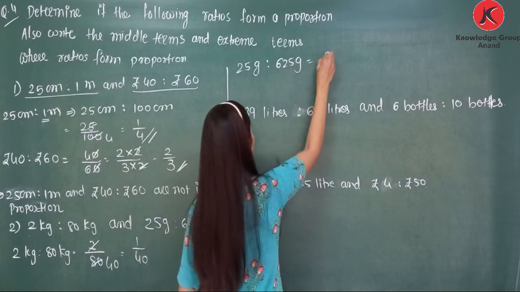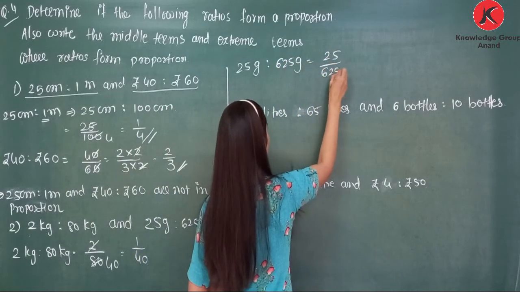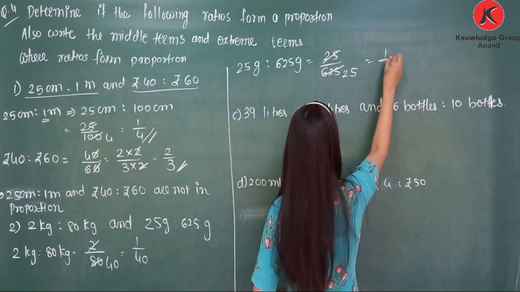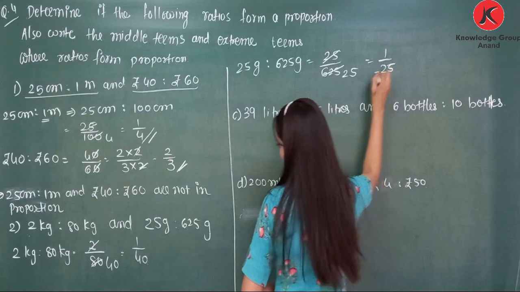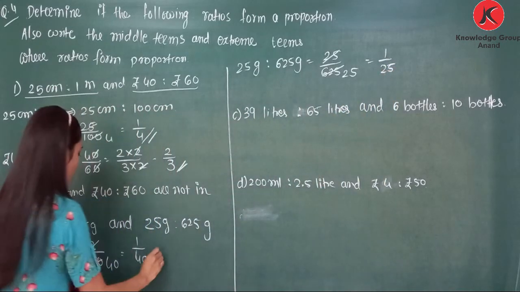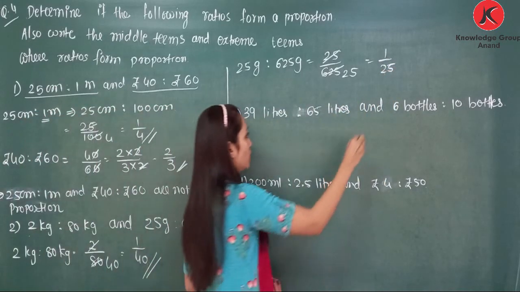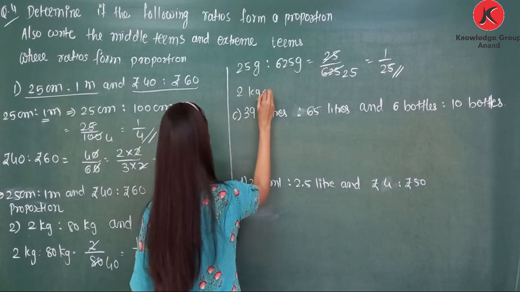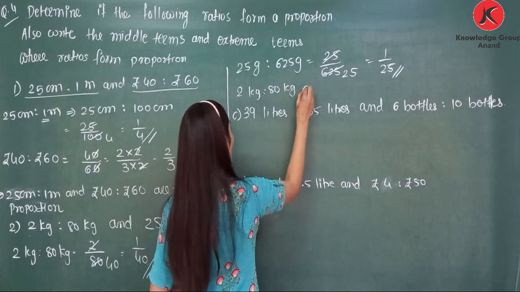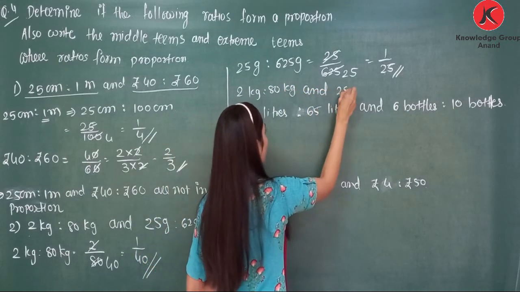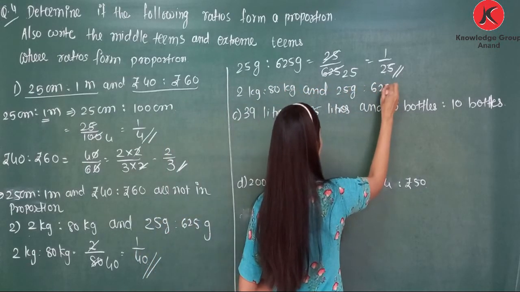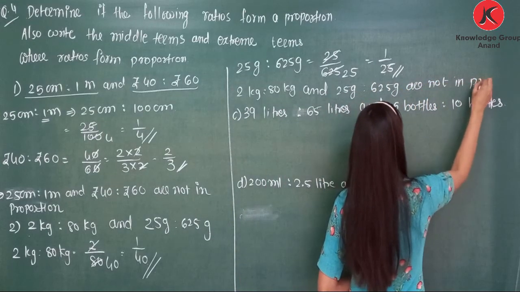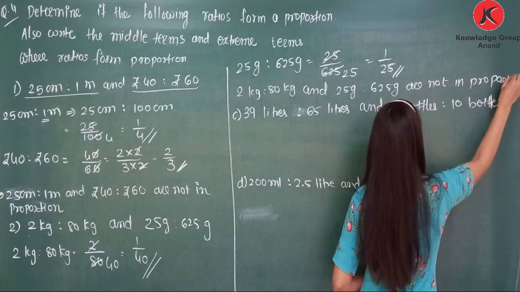So here we can write 25 by 625. 25 multiplied by 25 is 625, so it is 1 by 25. Again the ratios are not the same. Here it is 1 by 40 and here it is 1 by 25. So we can write here 2 kg is to 80 kg and 25 gram is to 625 gram are not in proportion.